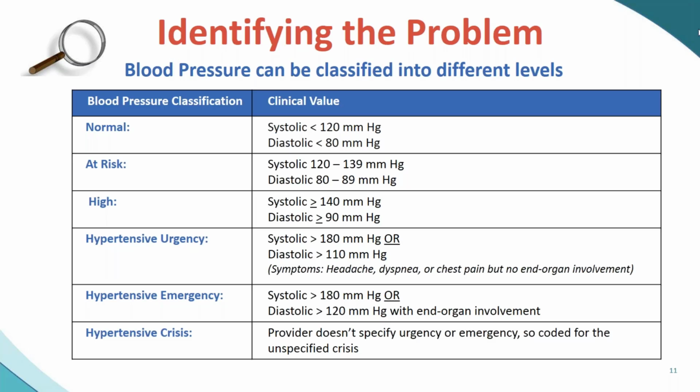And ICD-10 came in, what, a year and a half ago? By last October, so a year after ICD-10 was introduced, CMS came forth and introduced 3 new codes for diagnosis of hypertension: hypertensive urgency, hypertensive emergency, and hypertensive crisis.